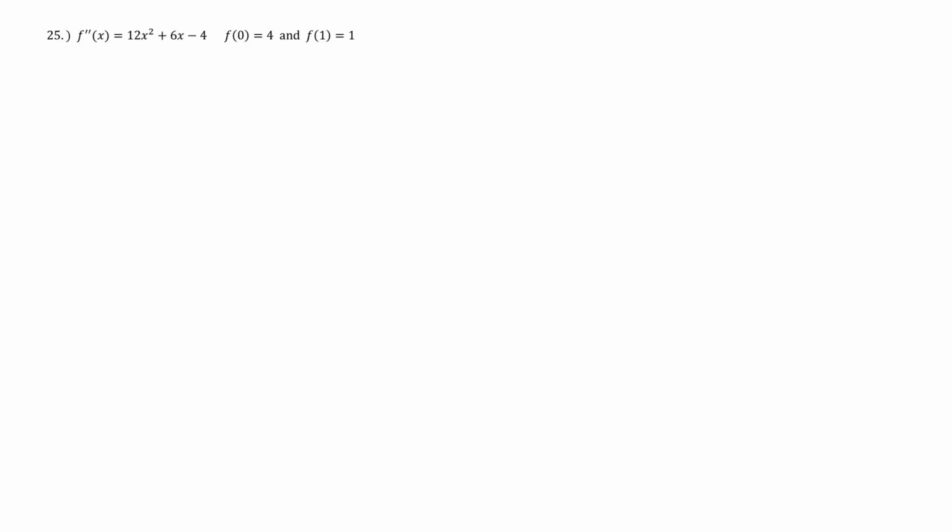All right, number 24 was also a homework question. So number 25 is our last question here. And we're going to be doing the same idea. We're going to take antiderivatives to work our way back up to find f of x. So this first antiderivative we can find would be f prime, because we go from f double prime to f prime. And we're doing an antiderivative here.